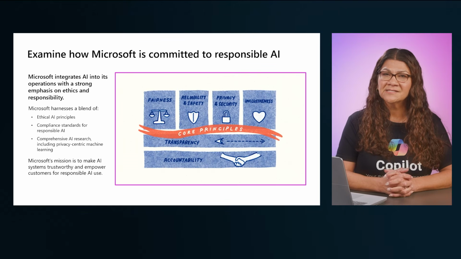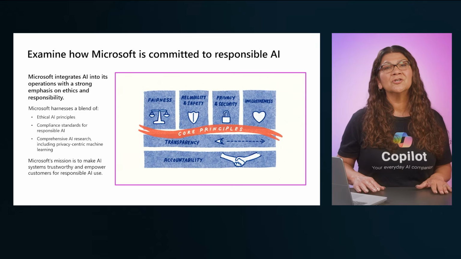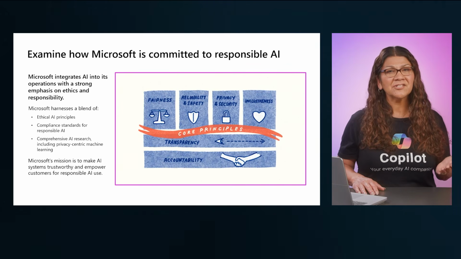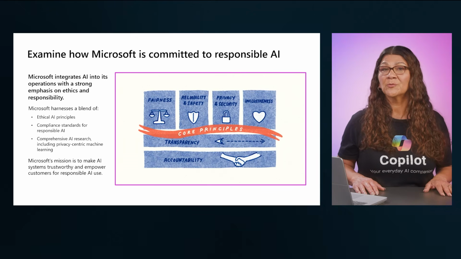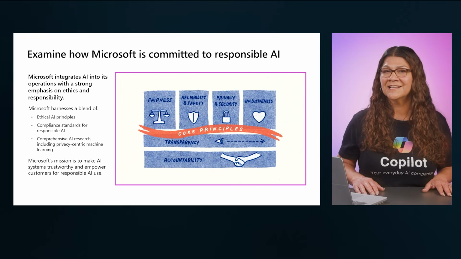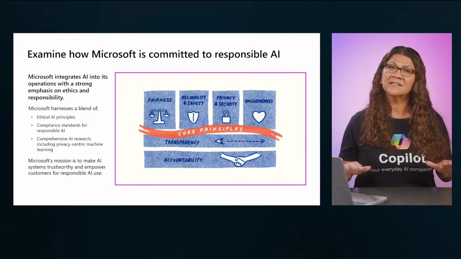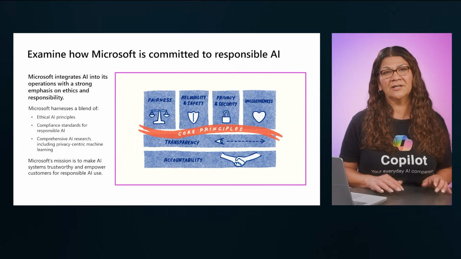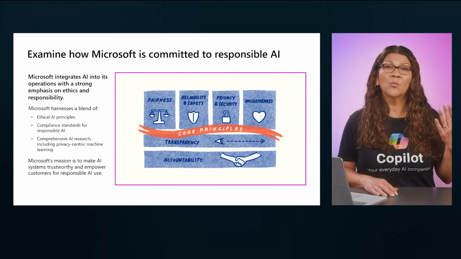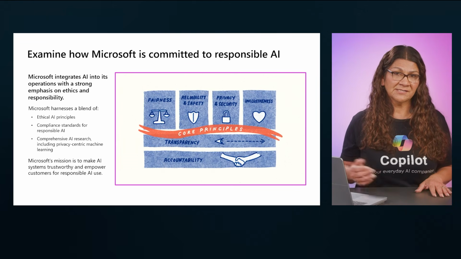Whether Copilot is summarizing customer feedback, drafting a proposal, or analyzing survey results, each capability is reinforced with reliability and safety, meaning Copilot is tested extensively to perform consistently across real-world scenarios you'd encounter in Teams meetings, Outlook threads, Word documents, or PowerPoint presentations.